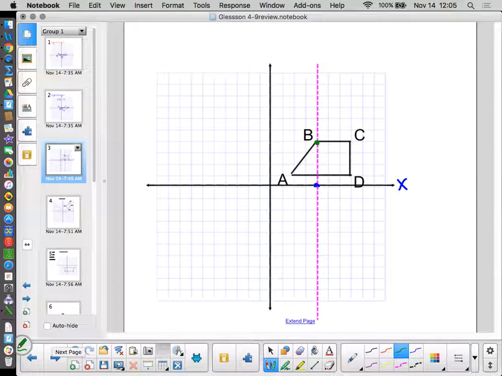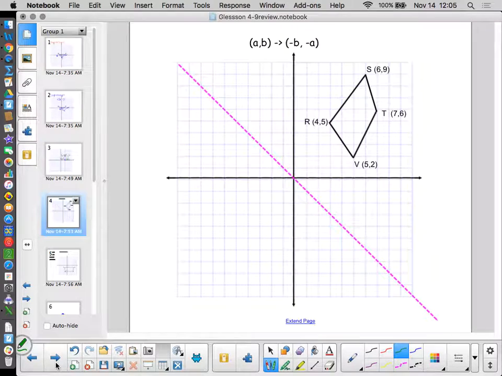B is right on the line of reflection, so B primed is in the same spot. C is 3 units right of the line of reflection, so I'm going to go 3 units left. There's C primed. A is 2 units left, so we're going to go 2 units right. There's A primed, and D primed is going to be right there. So it's kind of a funky reflection in a way because it kind of reflects over on itself, but that's my reflection.